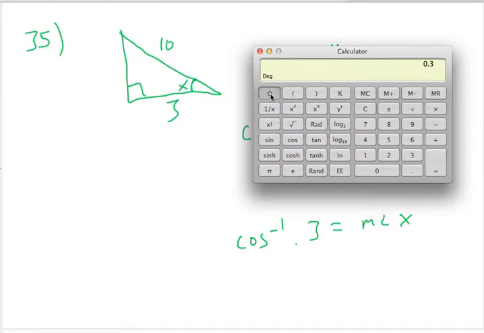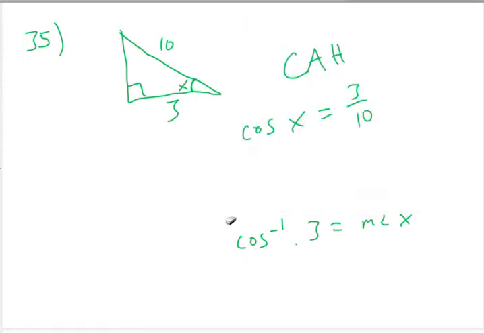Okay, so trusty calculator. Bam. 0.3 inverse cosine, 72.5 degrees, let's just say. So x equals 72.5 degrees. If that's the case, we know that all triangles have angles that measure up to 180 degrees. So, and this is 90.